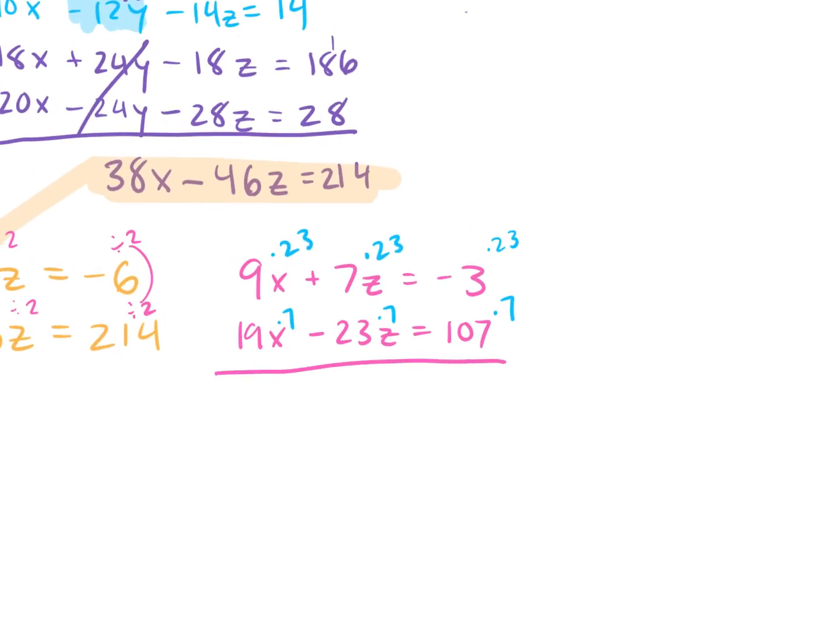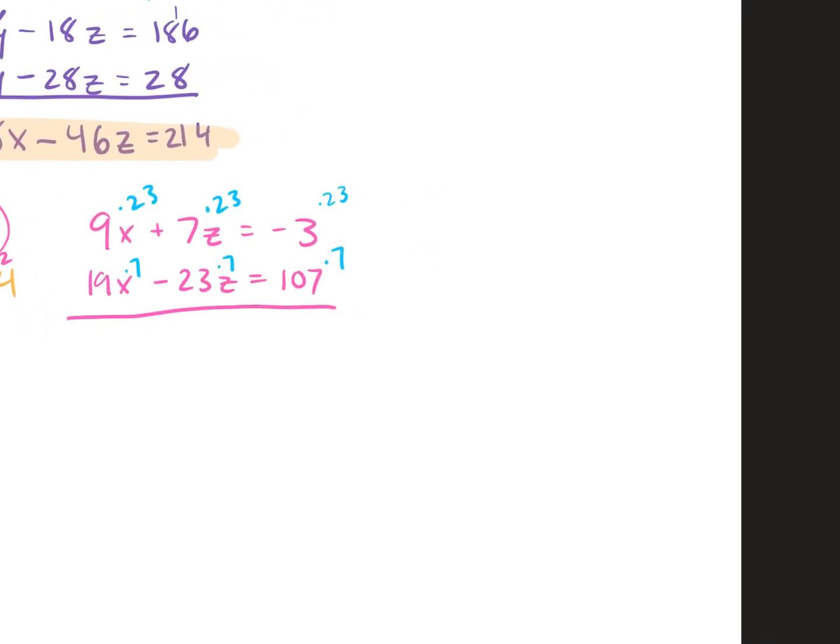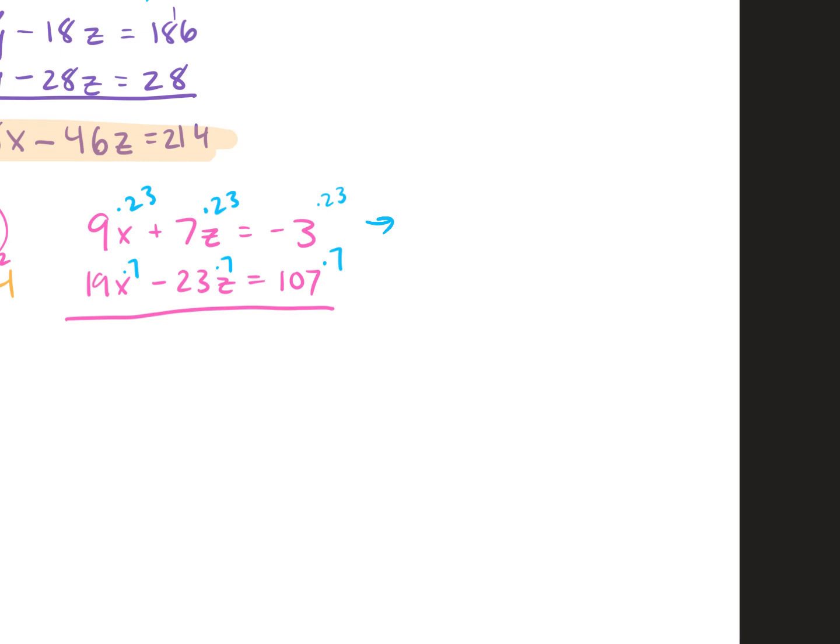So let's see, what's 9 times 23? 207. So 207x plus what's 7 times 23? 161. So 161z is equal to, what's negative 3 times 23? Negative 69. And then what's 19 times 7? 133.